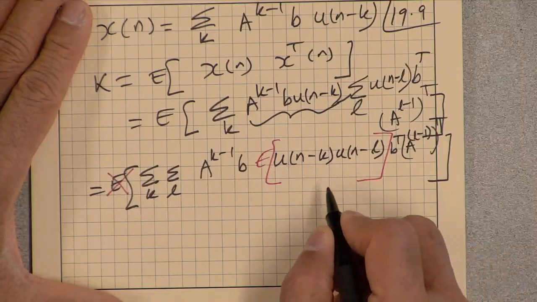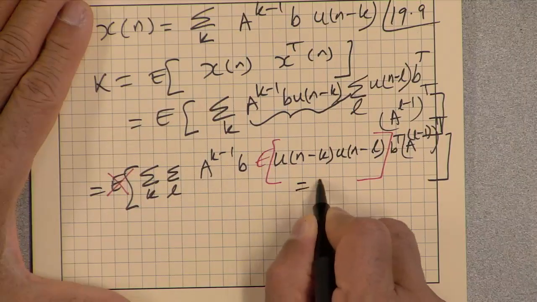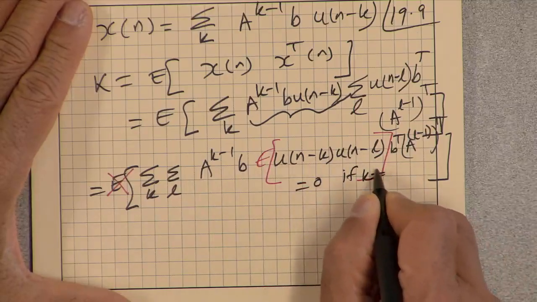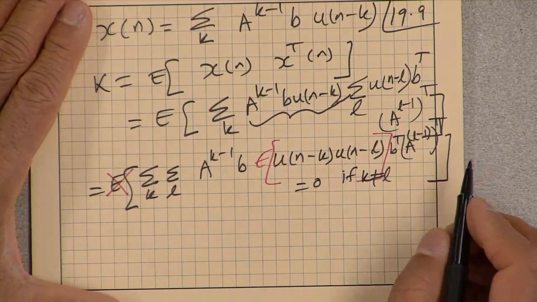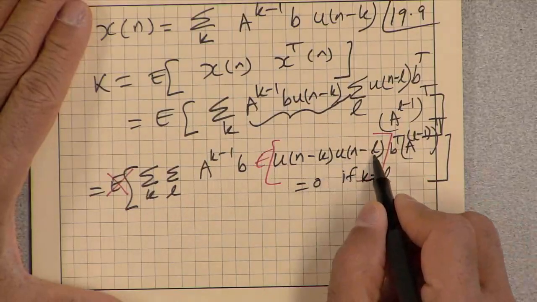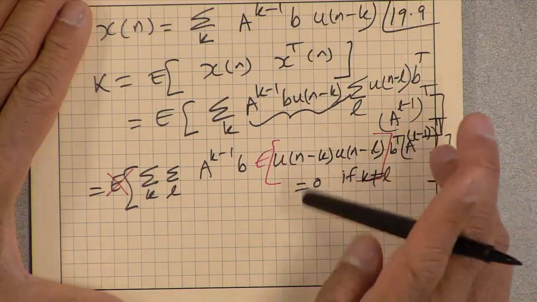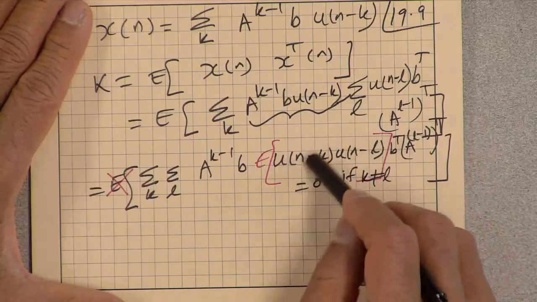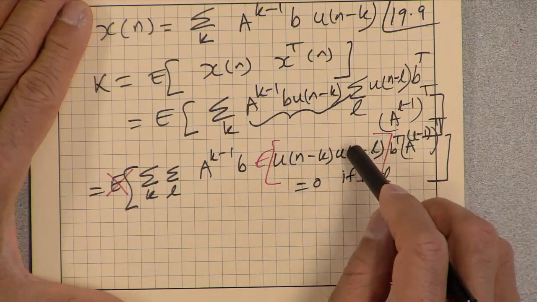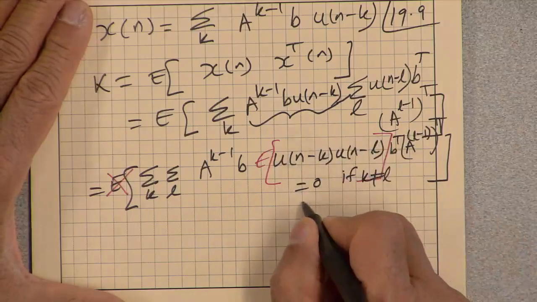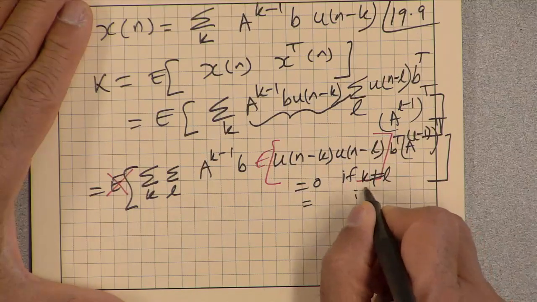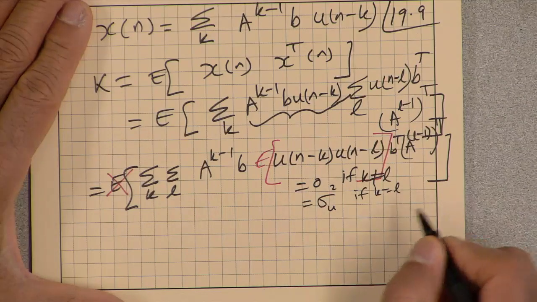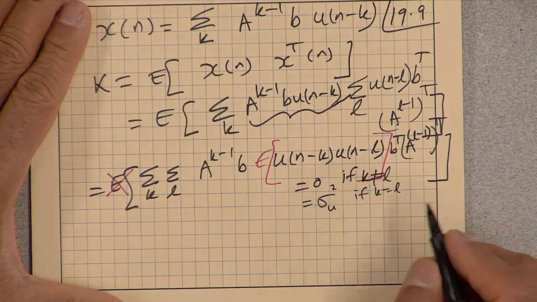So this quantity here is going to be 0 if k is not equal to l. If k is not equal to l, then u_{n-k} and u_{n-l}: the expected value of this times that is the expected value of this times the expected value of that, which are both zeros. And if k is equal to l, then that's just sigma_u squared, which I can just assume to be 1. It doesn't really matter.